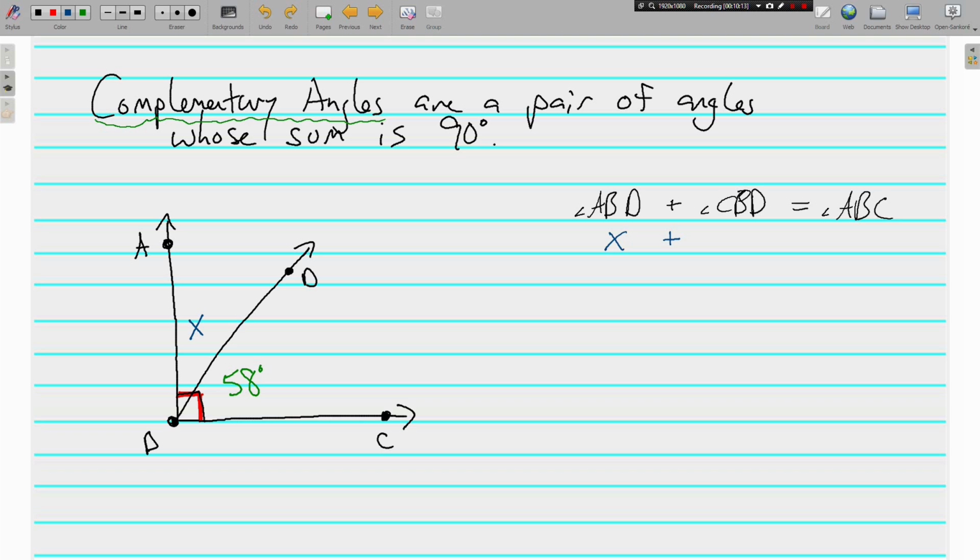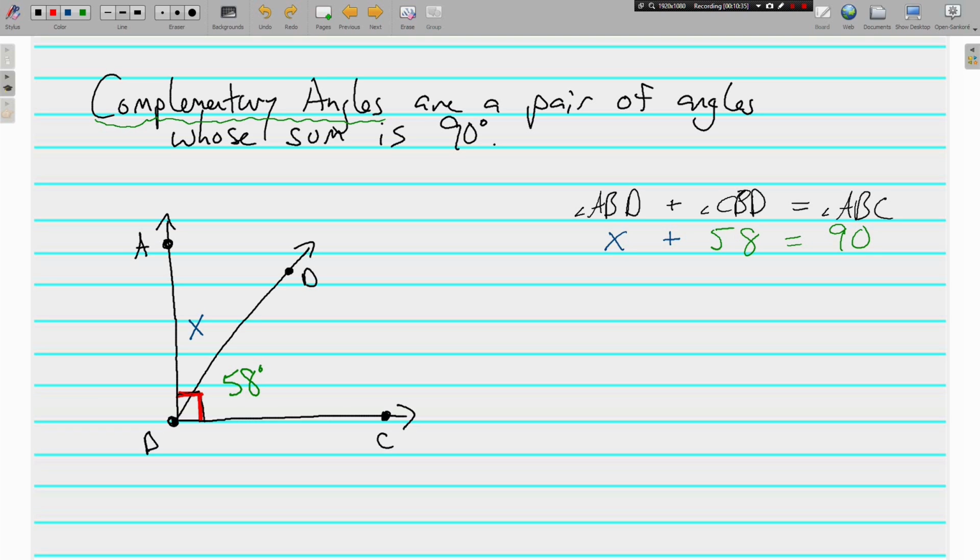What is the measure of angle CBD? It's 58. And what's the measure of angle ABC? 90. We know it's 90 because of the right angle box in the corner, and because that's what complementary angles are. Two angles whose sum is 90 degrees.